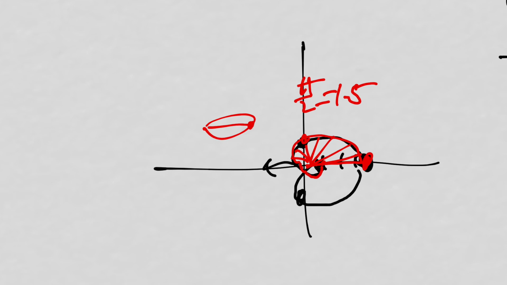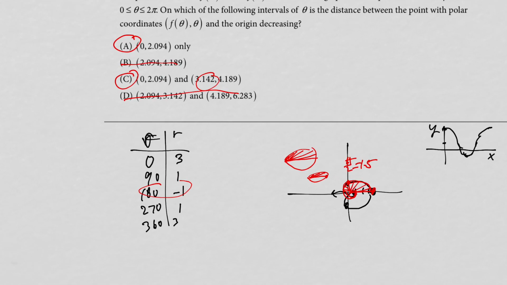At pi, it was negative 1, but then it comes around, and it's getting smaller. You see that? It's like spiraling inward, like that inner loop is something like this. So it's like this line, and then this is smaller and smaller. So that is why, I'll zoom out, I think the answer is C.